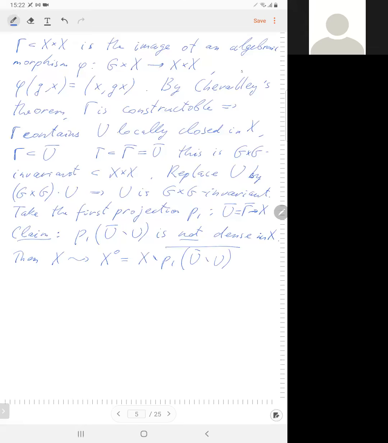Okay, so it was not dense, so this complement is not empty, an open subset. And now the intersection of gamma with X naught times X naught is already closed.